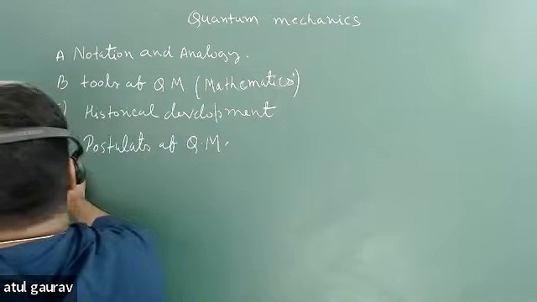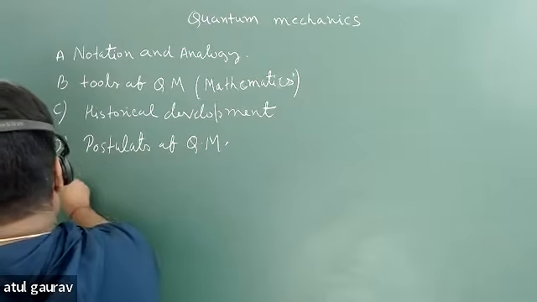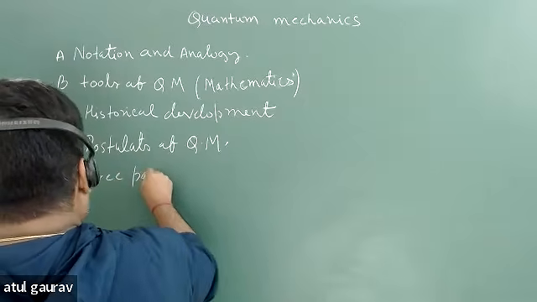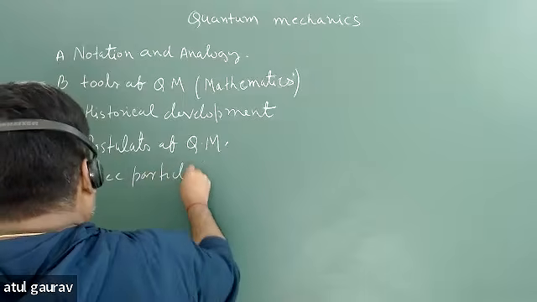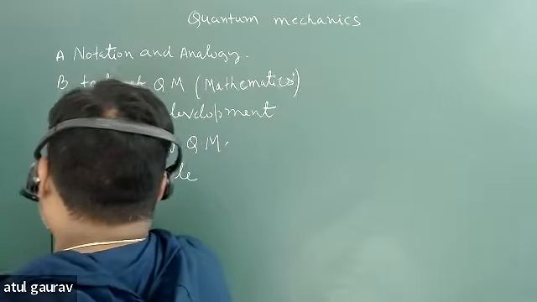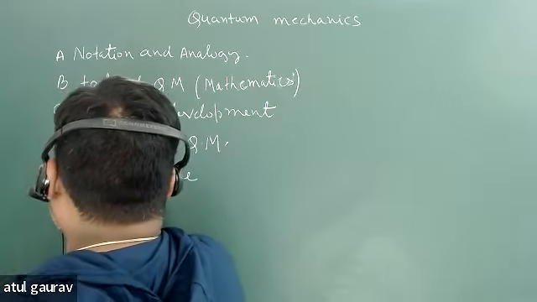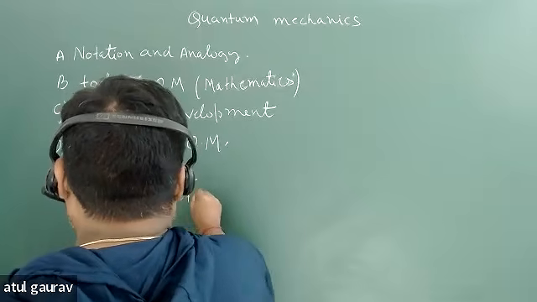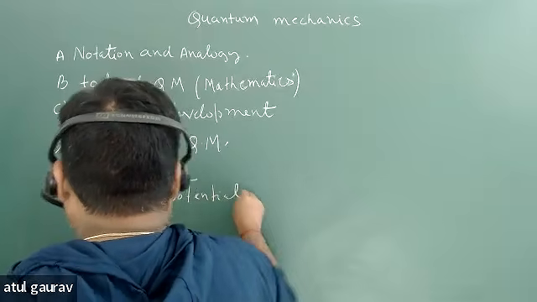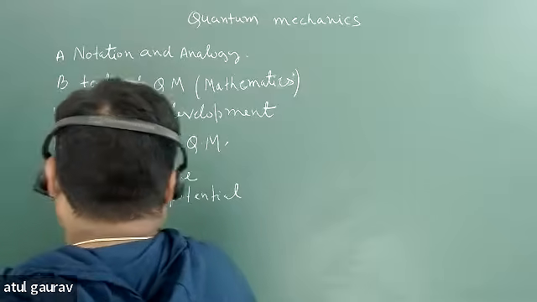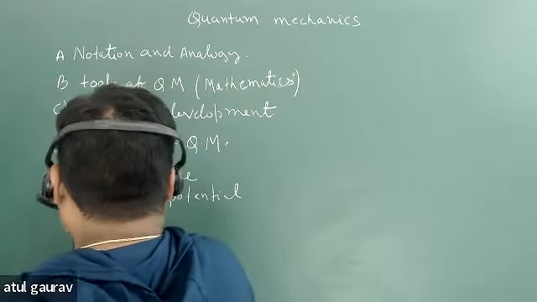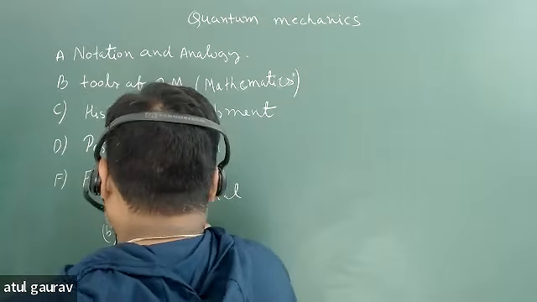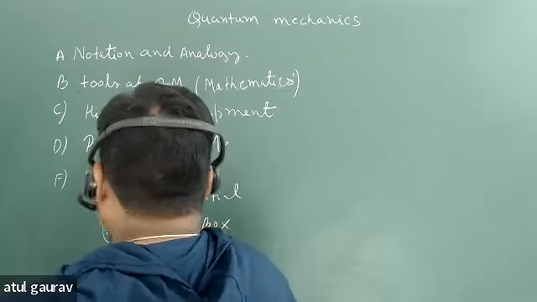First thing is the free particle. In the free particle, we have a lot to do. Step potential. Then we have to go for the particle in a box.